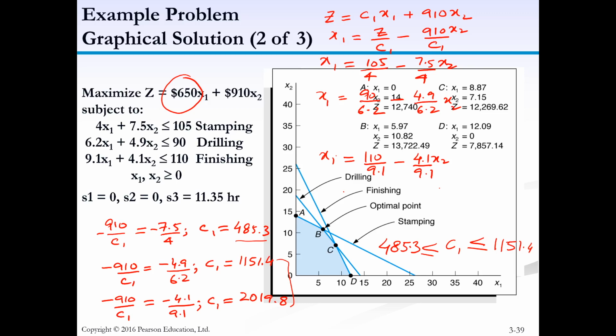Okay, so if I may show you the result, the result is the same. If I remove this one, C1 is 485.3 and 1151.43. This is our answer.